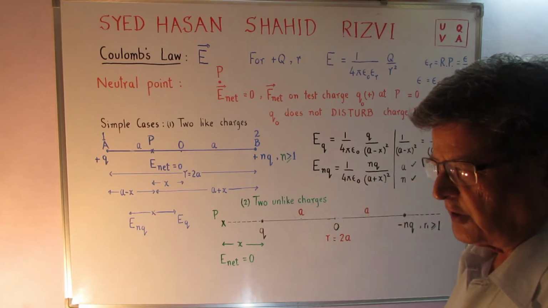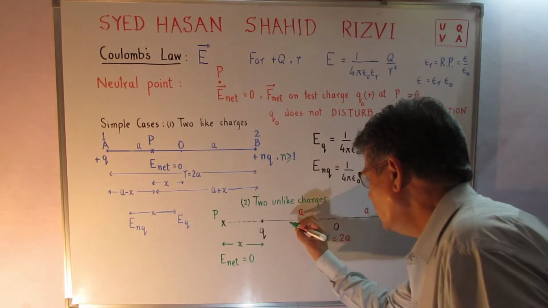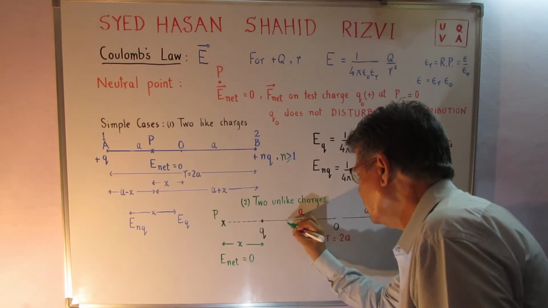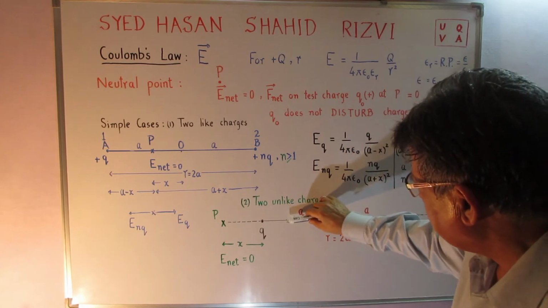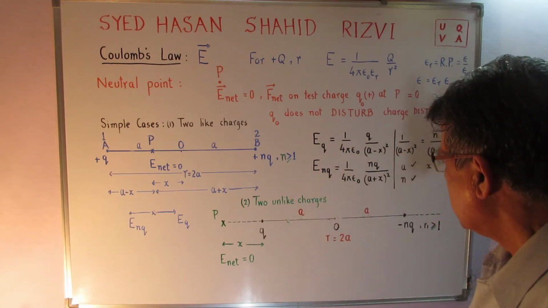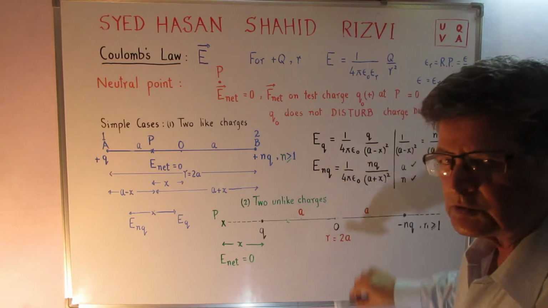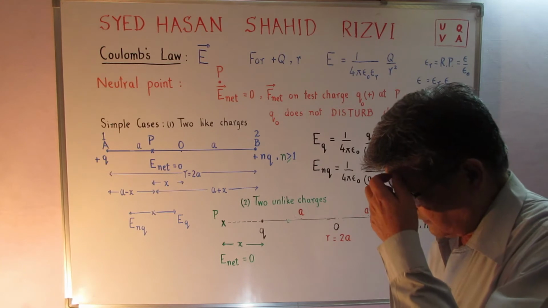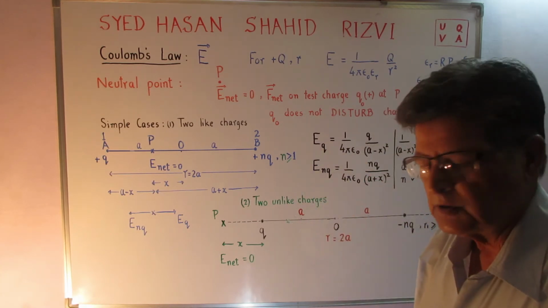The answer is no, because if, for example, I take a point just over here, then because of this Q the field will be like this, and because of minus NQ the field again will be like this. So in the same direction the two will add, and algebraic addition will tell us that this point is unbalanced.